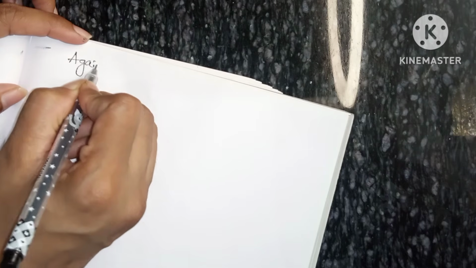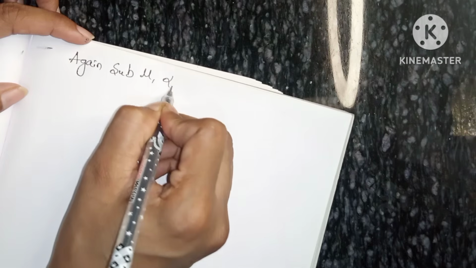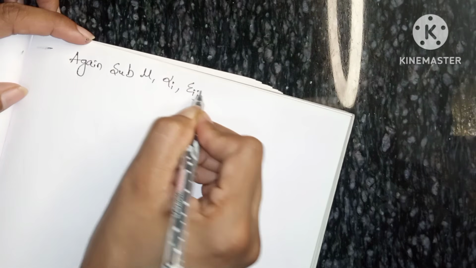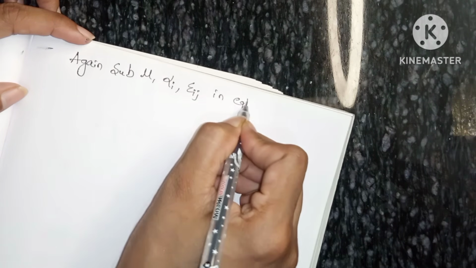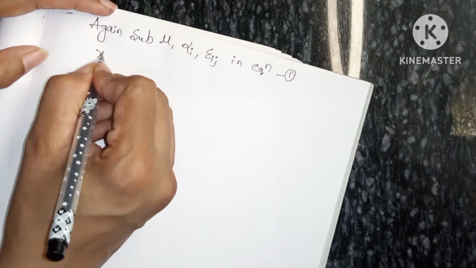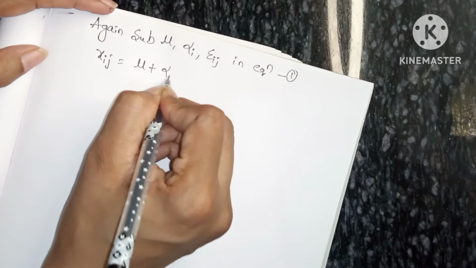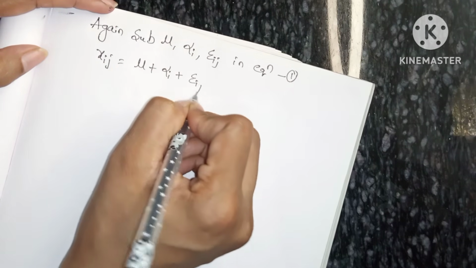So again substitute mu, alpha i, epsilon ij in equation 1. So what is equation 1? Xij equals to mu plus alpha i plus epsilon ij.